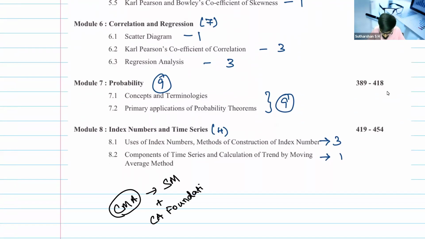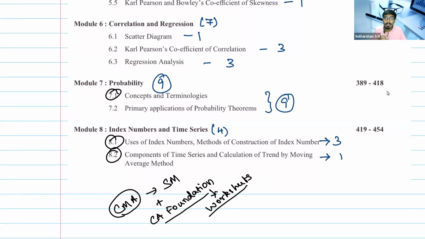In CA Foundation as well, we have included a few questions that will also be given to you in the form of worksheets, chapter wise worksheets. For 7.1 you will get 1 worksheet. 8.1 you will get 1 worksheet. 8.2 you will get 1 worksheet. That worksheet comprises 10 numerical questions. You can solve them after watching that particular part of the video.